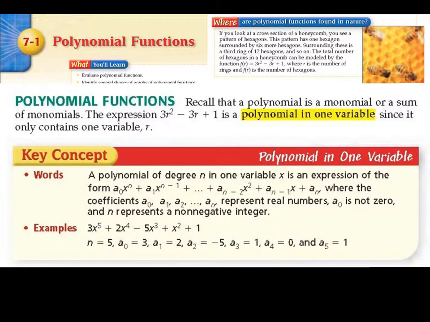Recall that a polynomial is a monomial or sum of monomials. The expression 3r squared minus 3r plus 1 is a polynomial in one variable, since it contains only one variable, r.